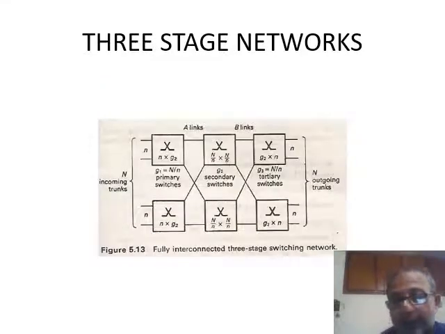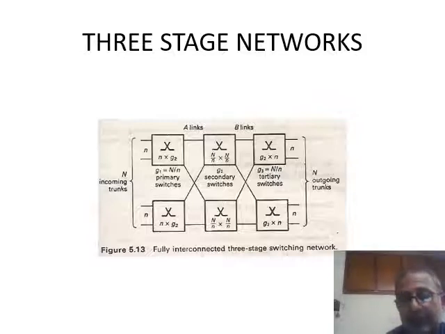Now let's see what would happen if we have got a three-stage network. A three-stage network would have a pair of sets of links. One would be called the A links and another would be called the B links. In this case, again, we are assuming capital N number of incoming trunks and capital N number of outgoing trunks.